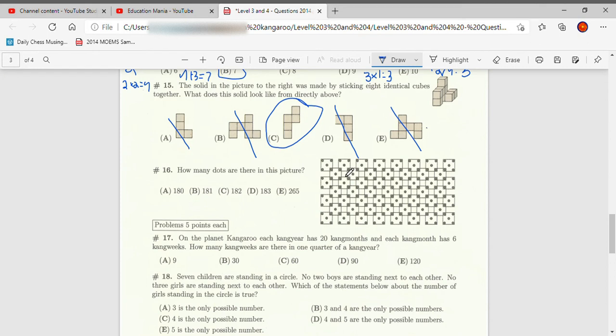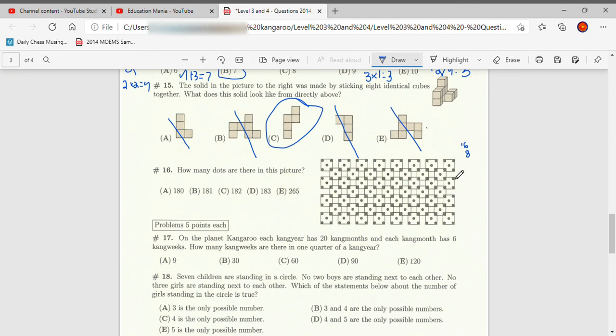So let's count again. And if you don't want to do the math or anything, you can honestly just count all the dots. 1 to 16, then 1 to 8. So 16, 8, 16.